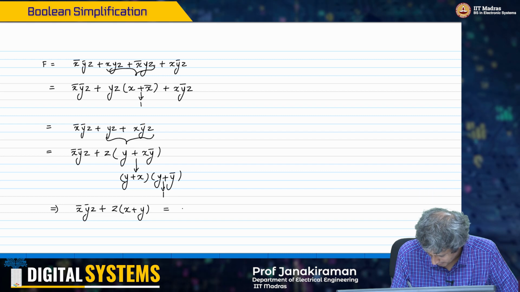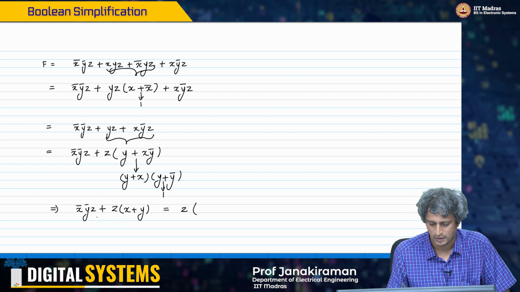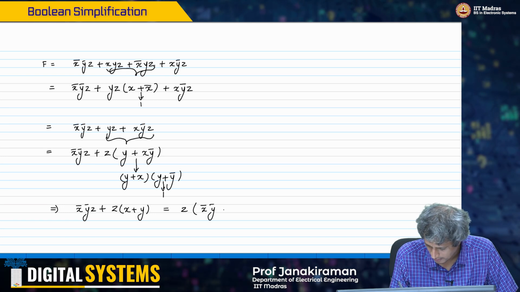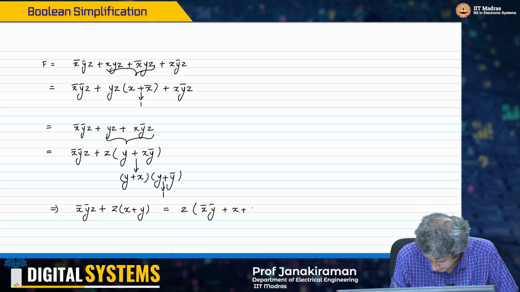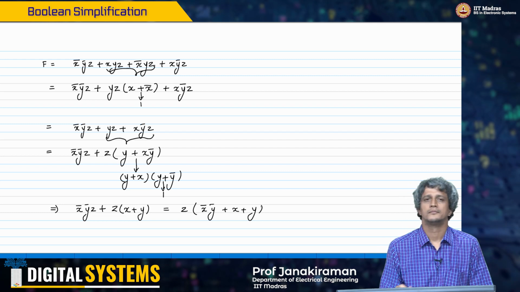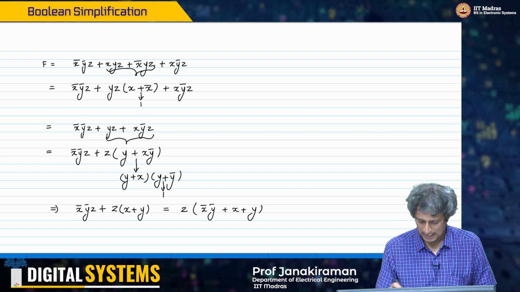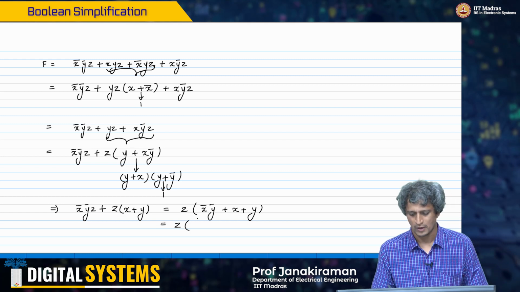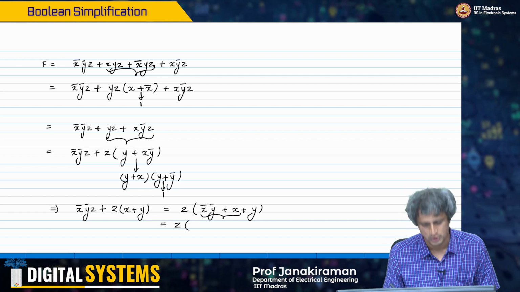Further, I will simplify this. I'll take the z out. Okay. It is x bar y bar plus x plus y. Okay. And this I can write as, I'll keep the z outside. I'm going to focus just on this.